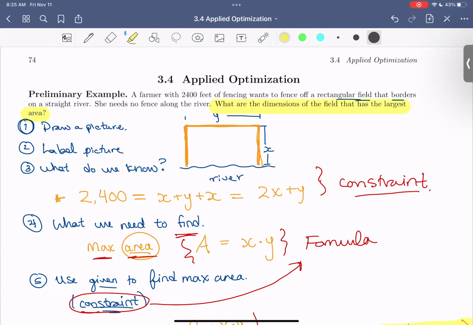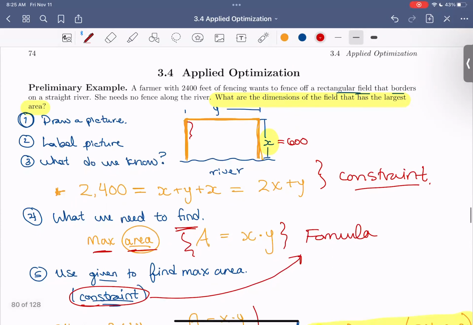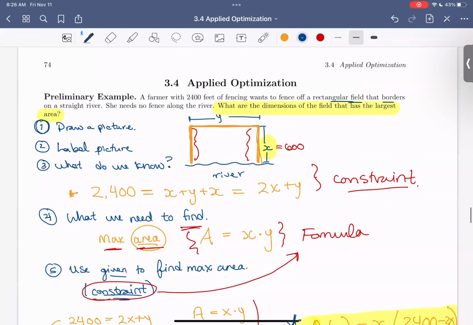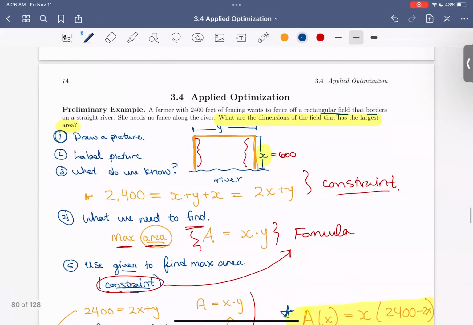We found that when X is 600, the area is optimized. Is 600 the dimensions? No, 600 is only the dimensions of this side of the fence. We don't know, or we haven't computed what Y is yet. So how do we compute Y?